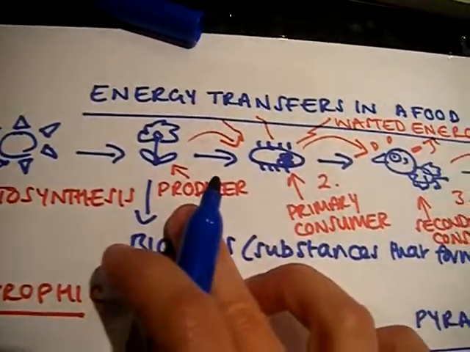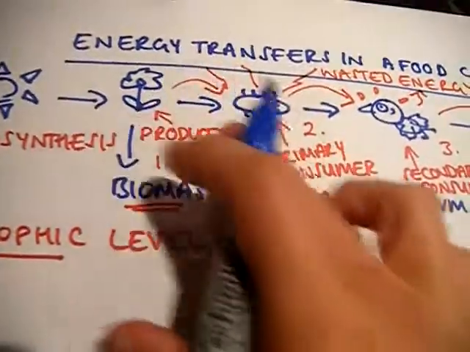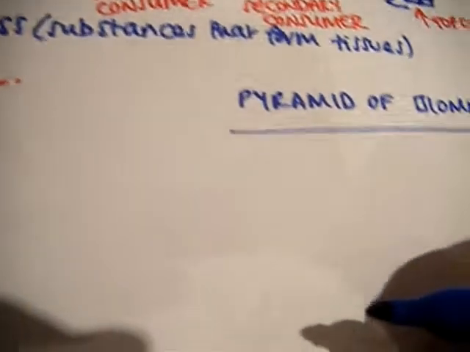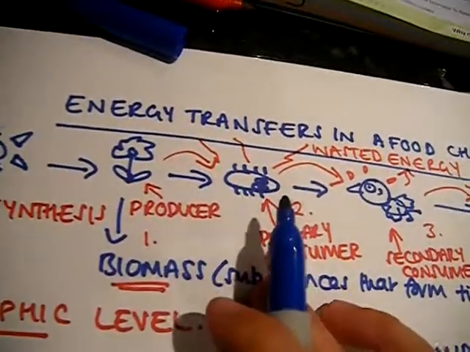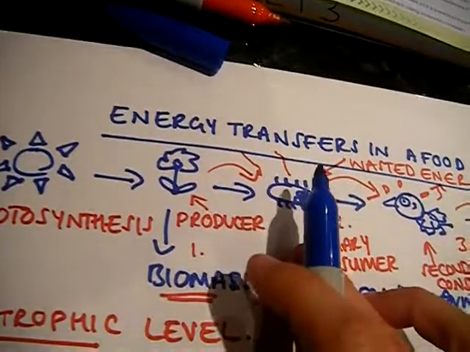So I'm going to put the producer first. In this case it would be flowers. I'd put that at the bottom of the pyramid like this, because there's loads of flowers. I'm going to imagine that my bug, him and his mates, are feasting on a whole field of flowers.